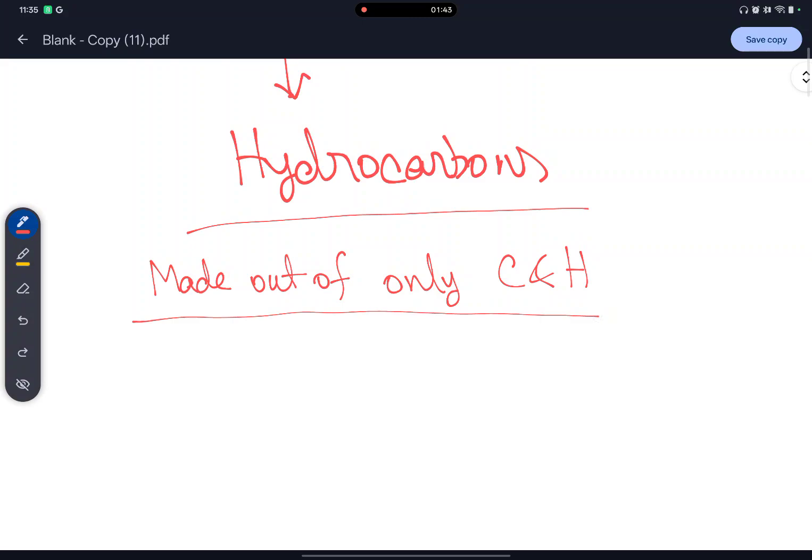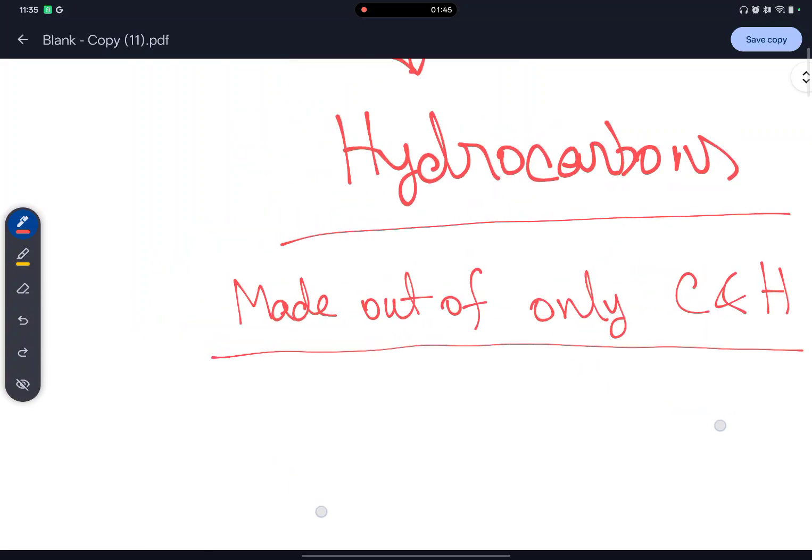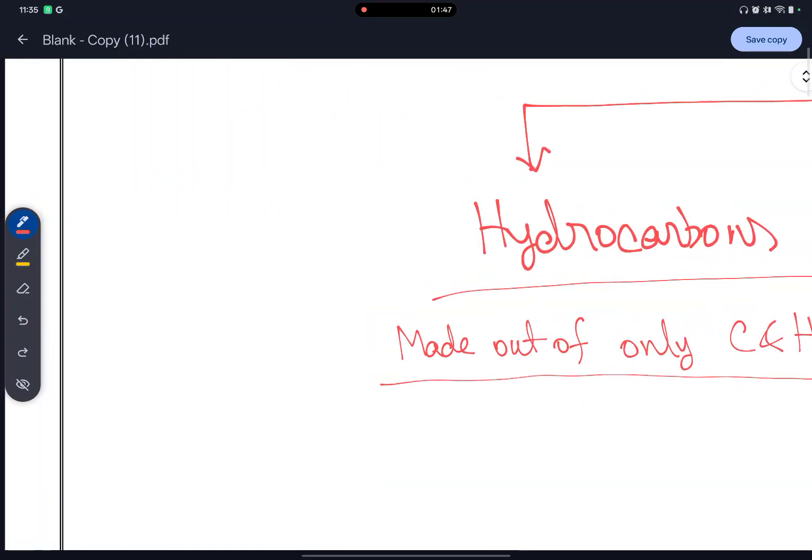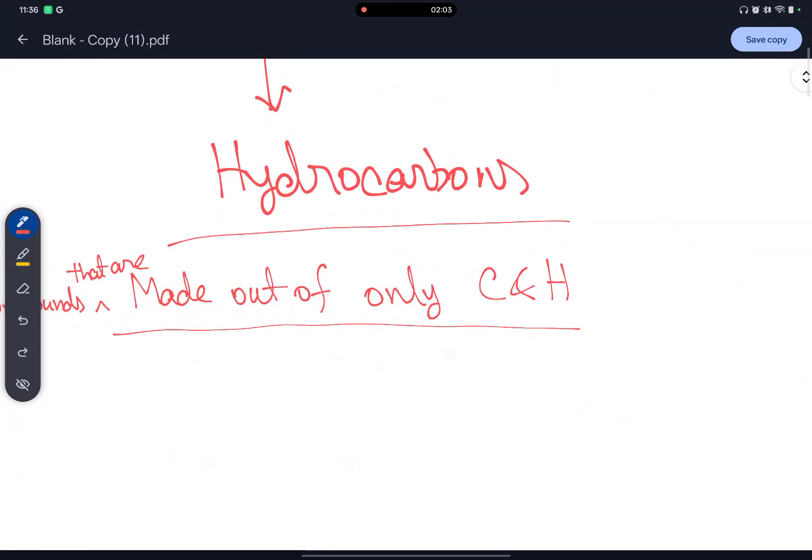What is a hydrocarbon? You will mention that it is an organic compound that is made out of only carbon and hydrogen.